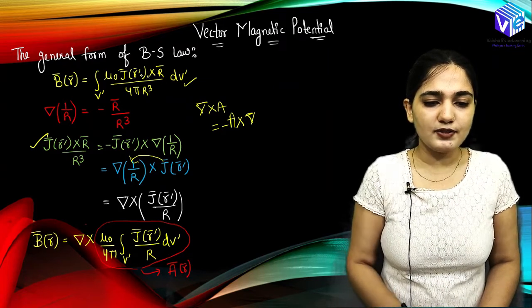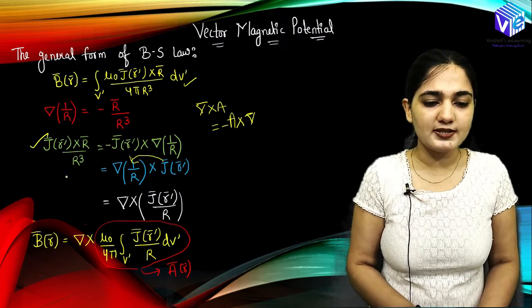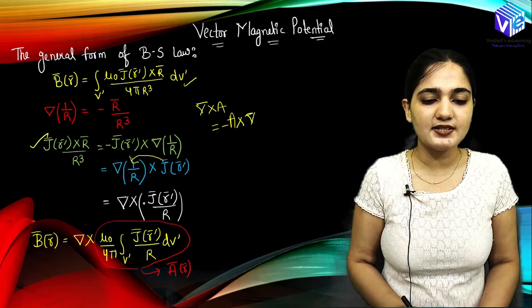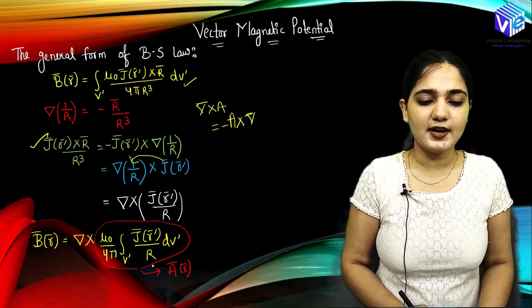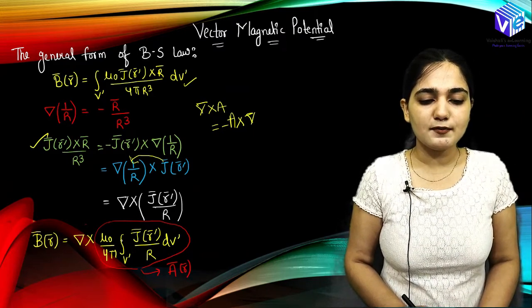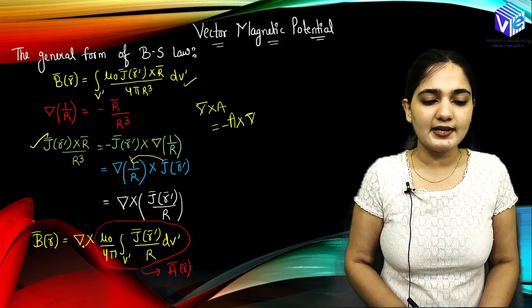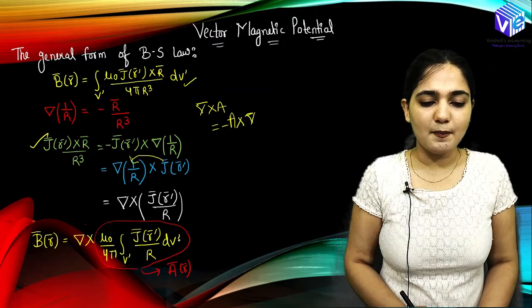We have simplified it, and this is del cross Jr upon r. Since mu naught upon 4 pi is a constant, I can take it inside. So here del cross mu naught upon 4 pi integration over v Jr upon r dv.